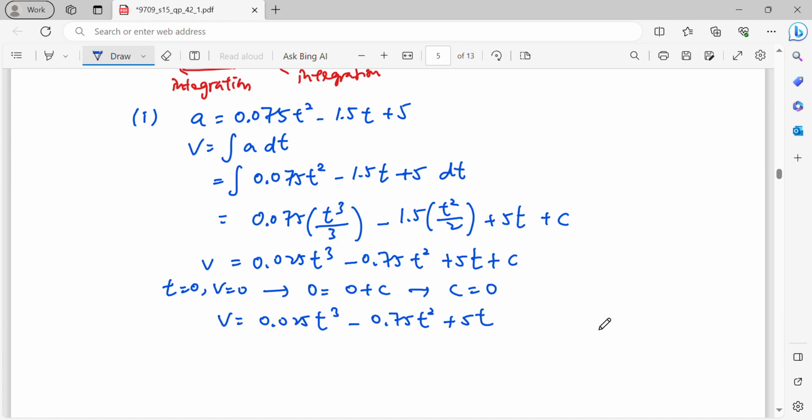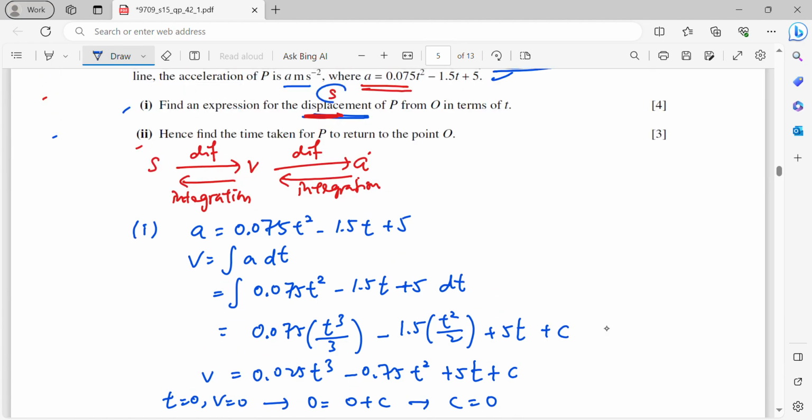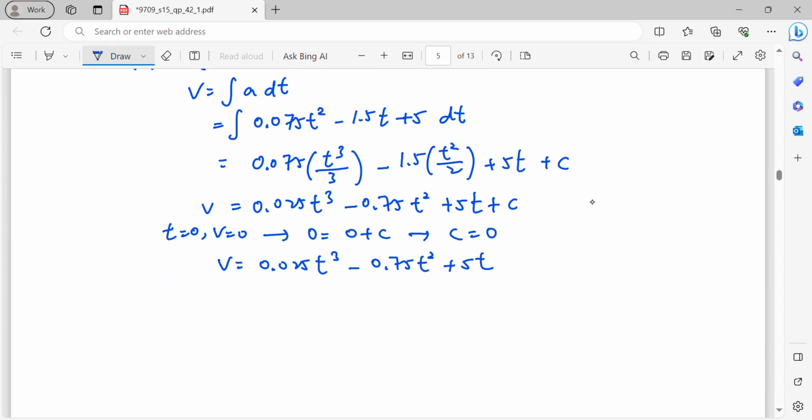Okay, and now based on the question, we need to find s, displacement. Therefore, I need to integrate the second time. So now my s is basically the integral of v dt. So integrate 0.025 t cubed minus 0.75 t squared plus 5t dt.